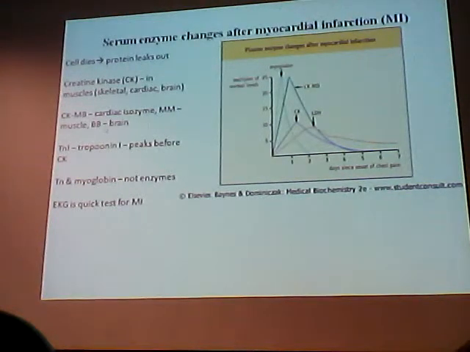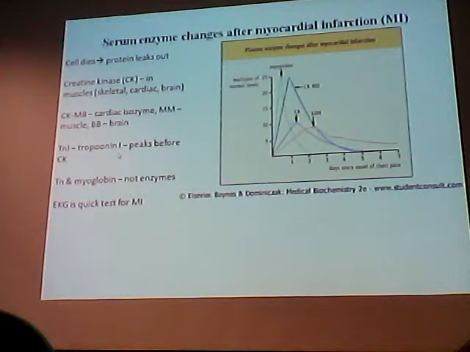You have these serum enzymes that change only after a myocardial infarction. Sometimes in a clinical case, you might see elevated CK, which is creatine kinase. When a cell dies, protein starts to leak out, and certain proteins leak out after a myocardial infarction. There's CK-MB, which is a cardiac isozyme, MM for the muscle, and BB for the brain.